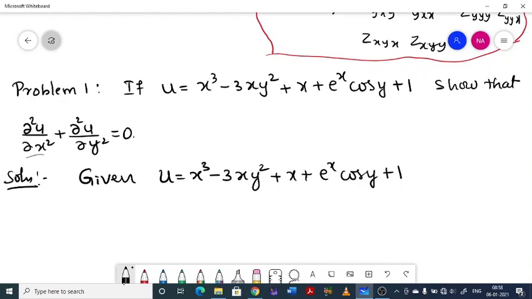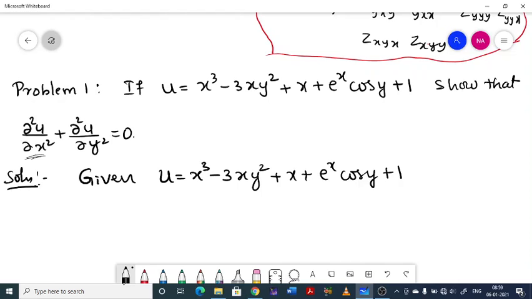First, try to determine dou square u by dou x square. That represents the partial derivative of u with respect to x twice. So you have to differentiate u with respect to x two times partially.